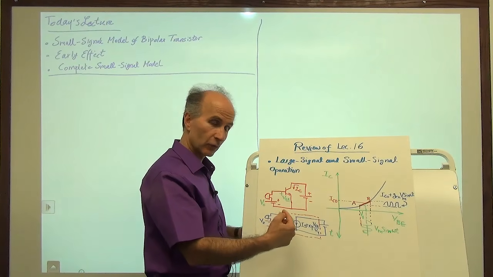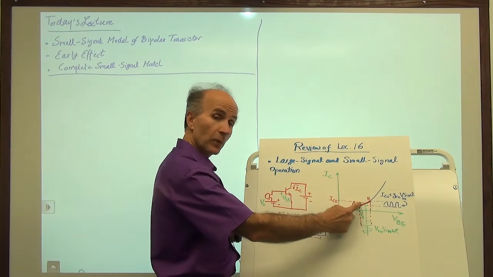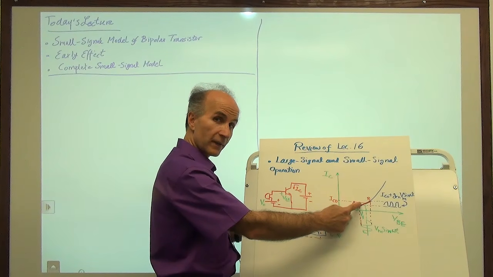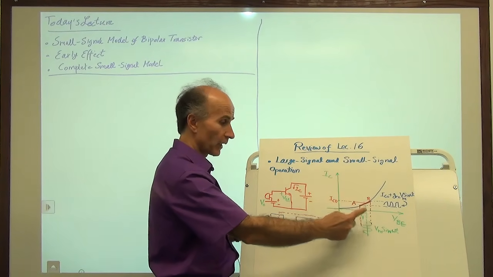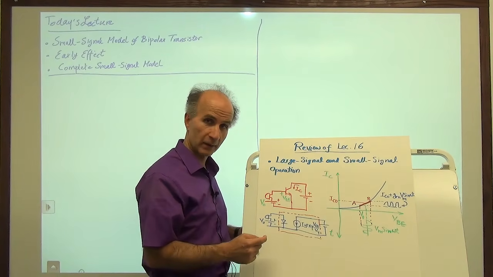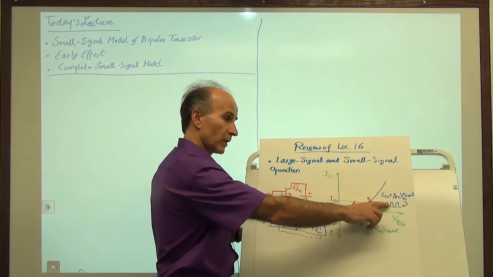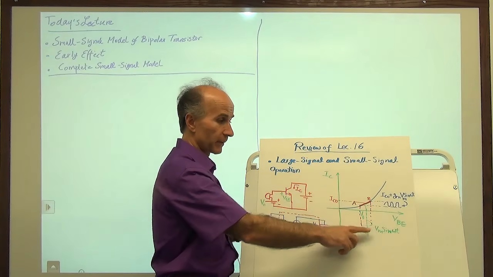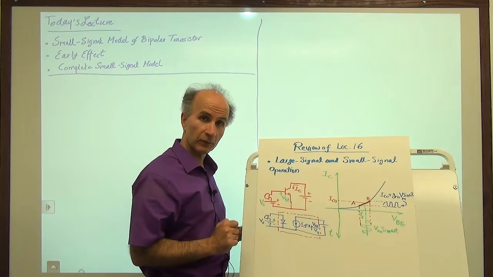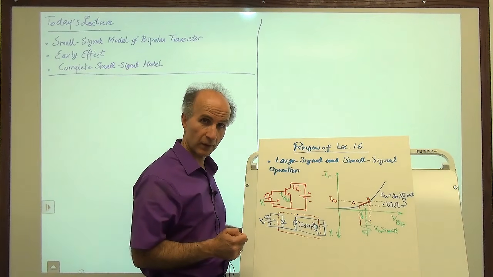And that allows us to write the output fluctuation as just a constant number times the input fluctuation. So in this case, the current fluctuation at the output is just a number times the input voltage fluctuation.